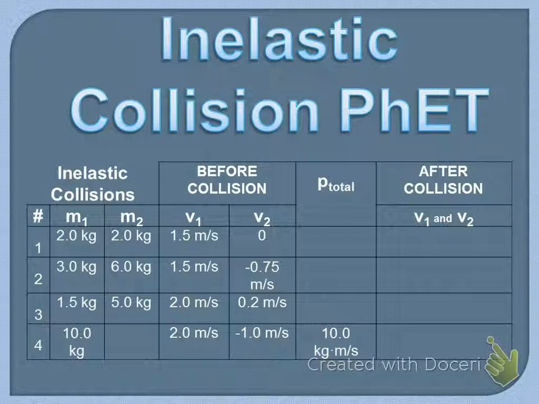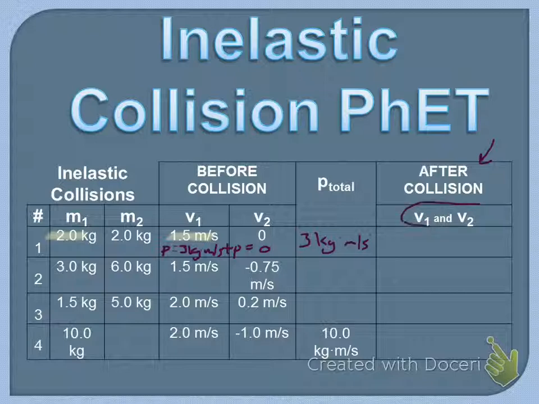So for object 1, we have 2 kilograms times 1.5 meters per second, and that gives us a momentum that's equal to 3 kilograms meters per second. Now because the velocity of object 2 is 0, its momentum is going to be 0 kilograms meters per second. So that means that our total momentum is 3 kilograms meters per second plus 0, or just 3 kilograms meters per second.